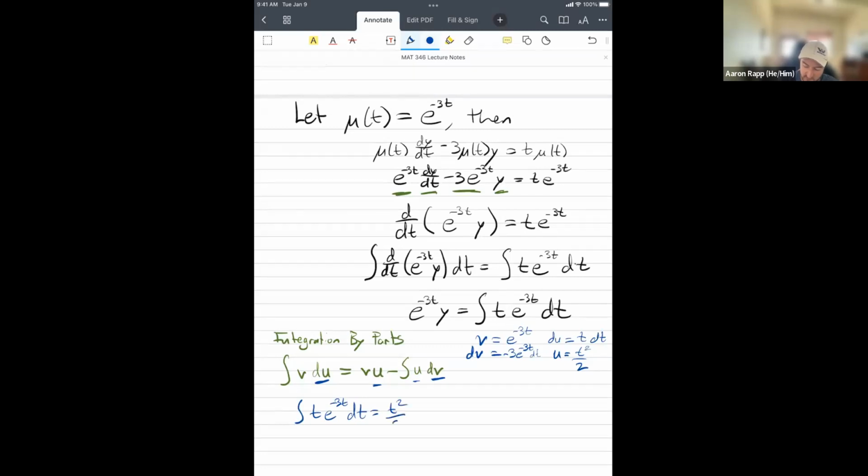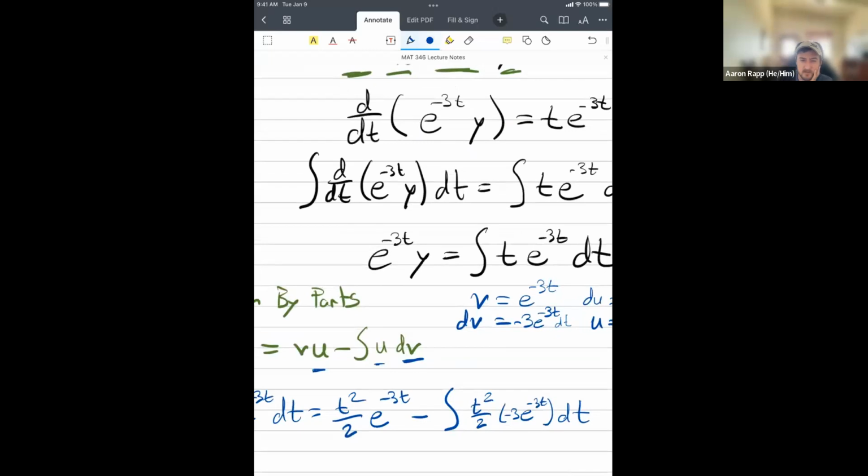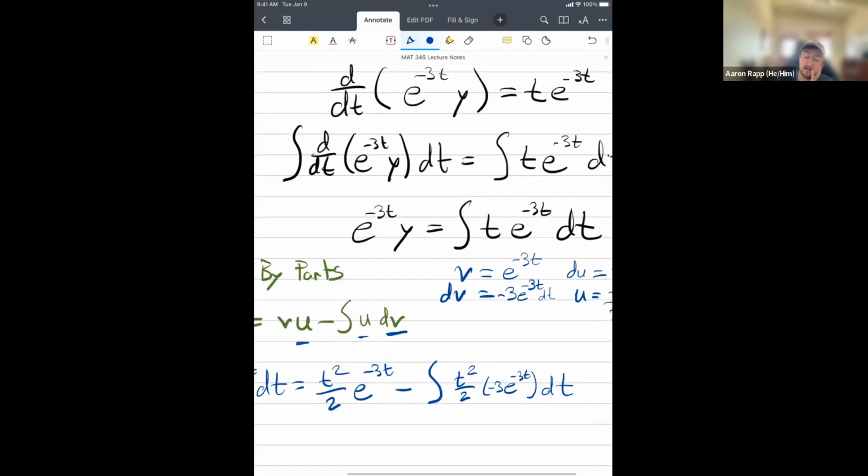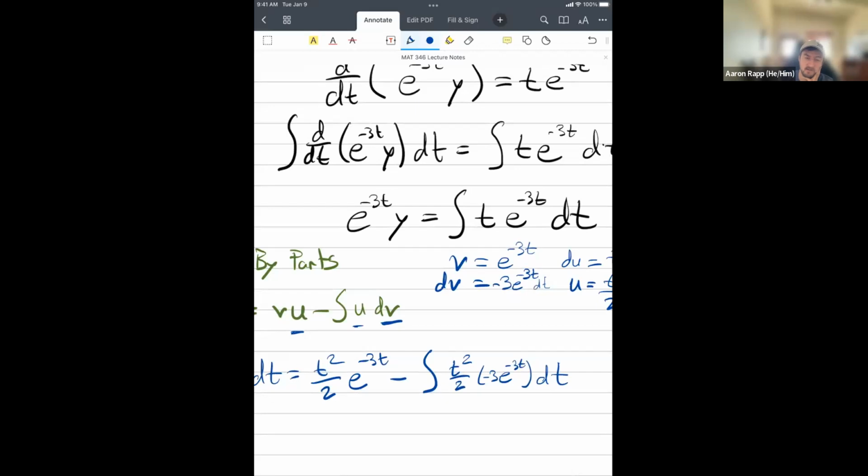So t squared over 2 times e to the negative 3t minus the antiderivative of t squared over 2 times negative 3 e to the negative 3t dt. So then I get another integral that's there. So now I have a t squared over 2 times negative 3 times e to the negative 3t.